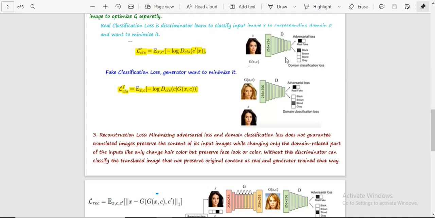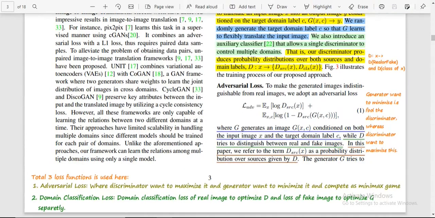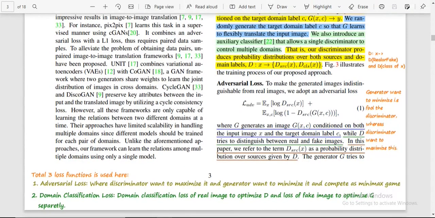So the generator is trained with the adversarial loss, but at the same time with the domain classification loss. That is the concept of the ACGAN, the auxiliary classifier GAN. That is how the discriminator produces a probability distribution over both sources and the domain labels, right? That is the sources and the classification.